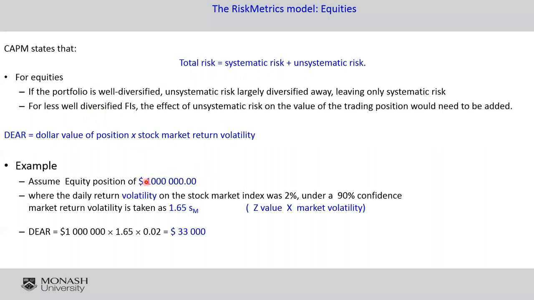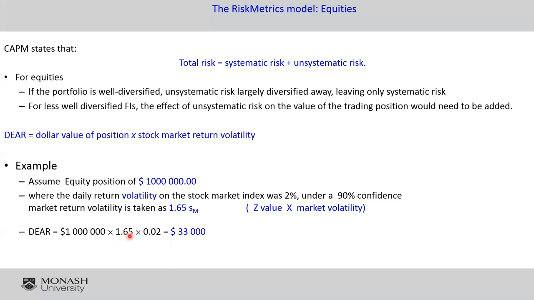Now, assume the equity position is 1 million, and the daily return volatility on the stock market index, which we are taking as an indicator of the volatility of our position in the equities, is 2% under 90% confidence. So the market return volatility is taken as 1.65 standard deviations.